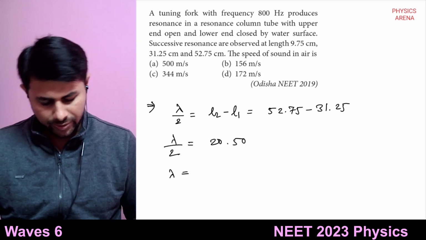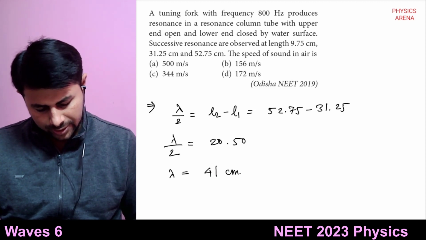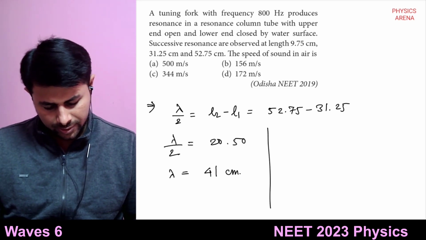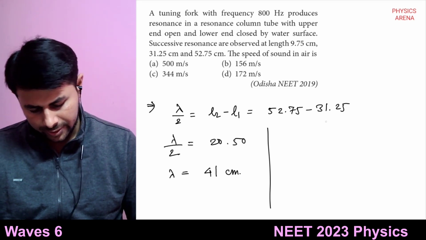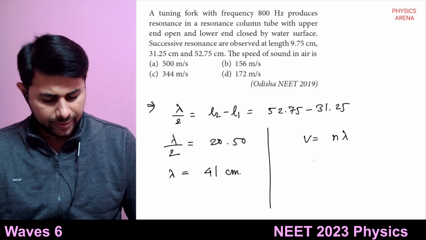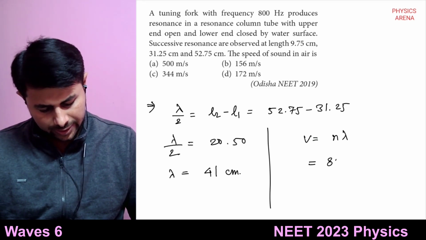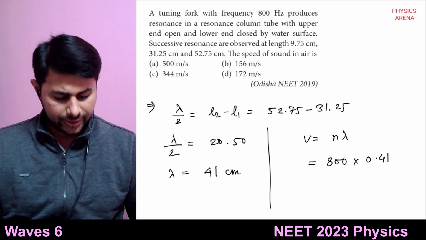That means lambda is equal to twice of this. So 41 centimeters is lambda. That means 0.41 meters. And then V is equal to n times lambda. So that is 800 hertz multiplied by 0.41 in meters.